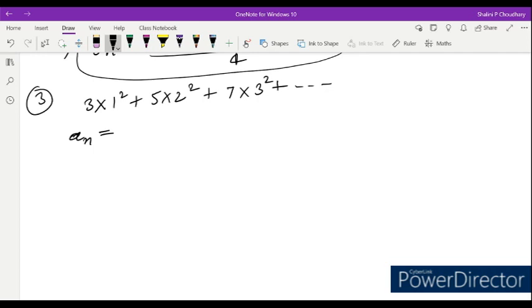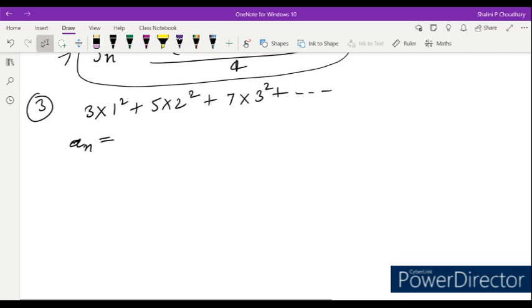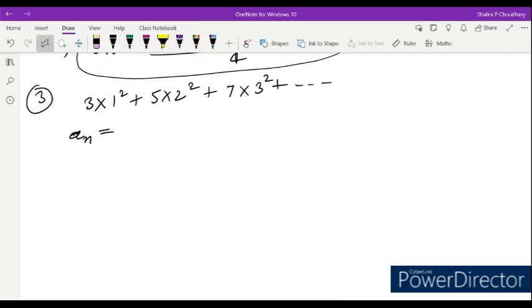So we can clearly see the nth term will be: the first term is 2 into 1 plus 1 into 1 square. Second term is 2 into 2 plus 1 into 2 square. Similarly, nth term will be 2n plus 1 into n square. Okay, so when we solve this, we'll get 2n cube plus n square.